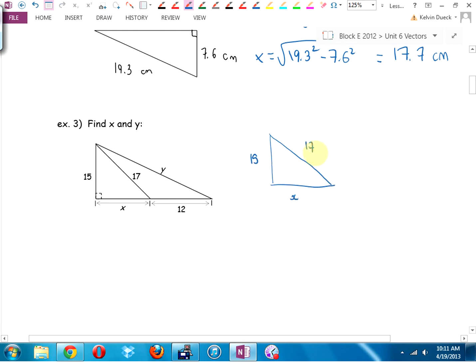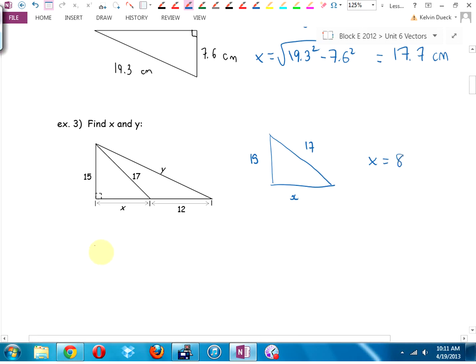Find x first. Is that what you're saying? Hey, try doing it all on your calculator, showing no work whatsoever. Tell me what x is. I think it's going to be 17 squared, take away 15 squared, square root. And I think this might work out evenly and might get to 8. 8 what? Oh, no units this time.